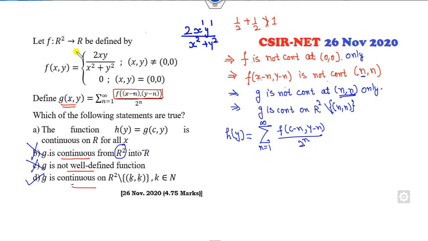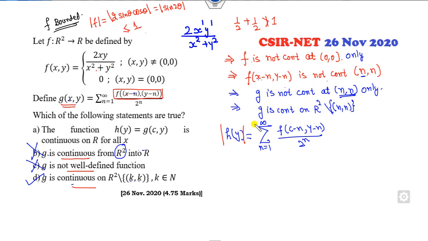Again very simple. We will see whether f is bounded or not. If I start with this value, what is the polar coordinate of this? It's 2 sin θ cos θ, and its r² will be cancelled out. So clearly this number is less than 1. Why? Because it is nothing but sin 2θ, which is less than 1.